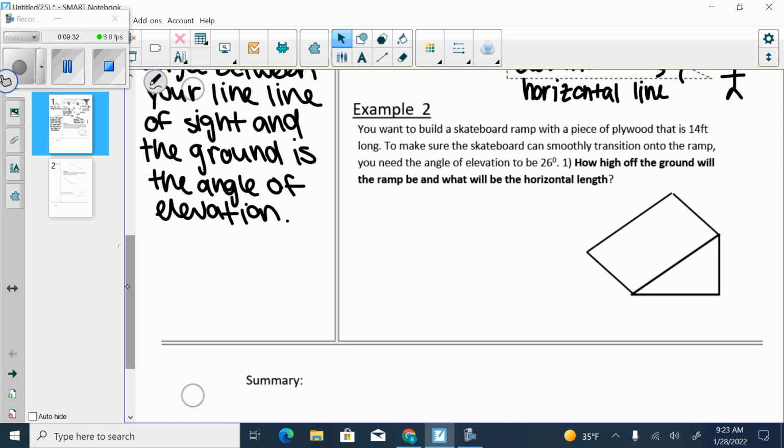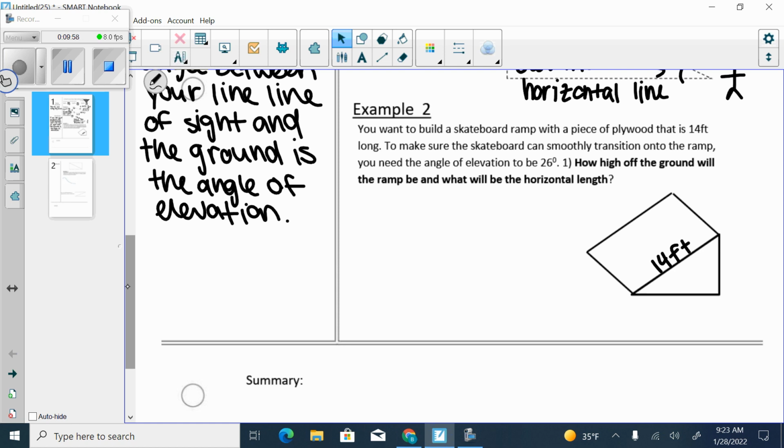They want to know, first of all, how high off the ground the ramp will be, and second of all, what will the horizontal length be? Okay, well, first of all, they said that the ramp was going to be how long? 14 feet, right? And if this is the drawing here, this is the part that's 14 feet, right? That's the actual ramp part that they would be skating on.